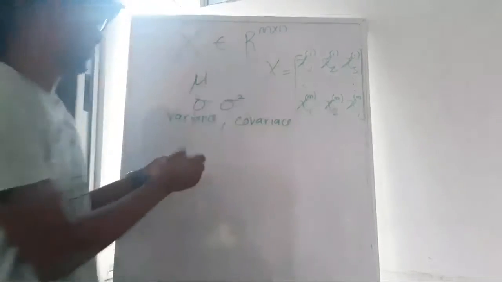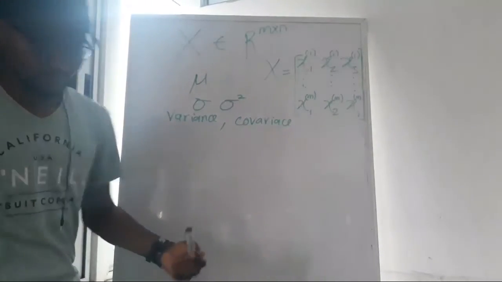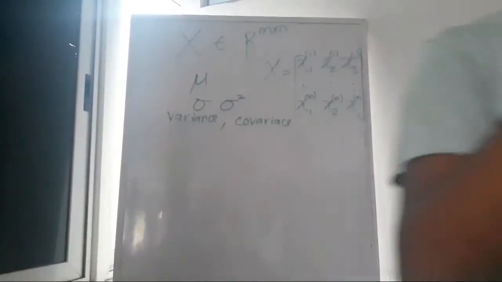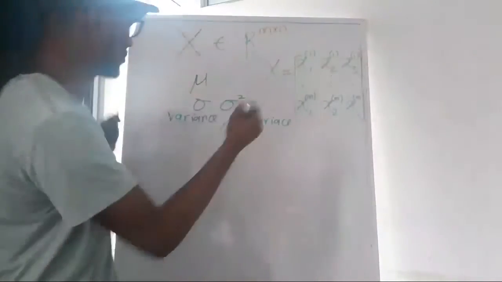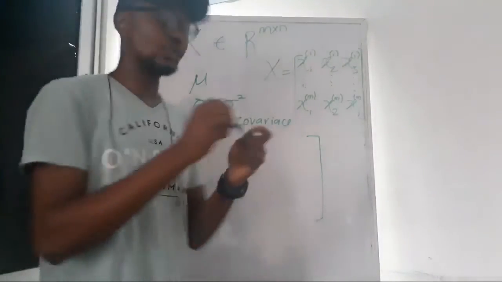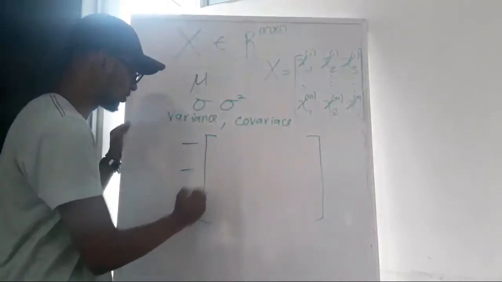Okay, so I mentioned something about the covariance matrix. The covariance matrix is simply this. Let's assume you have three features, 1, 2, 3.